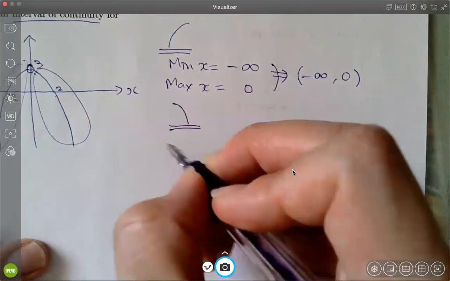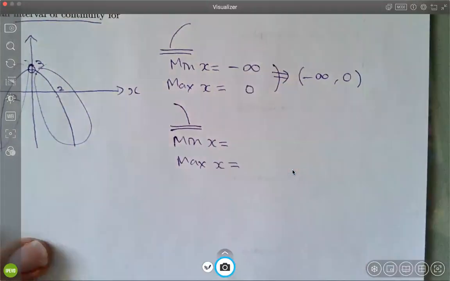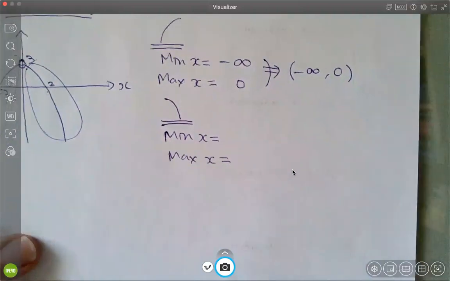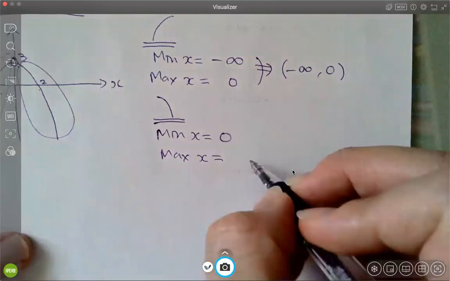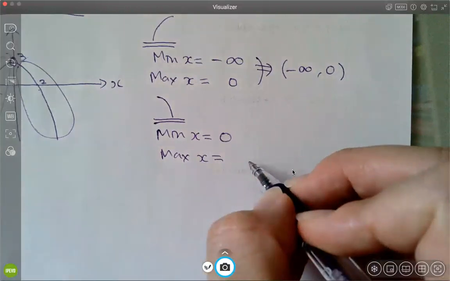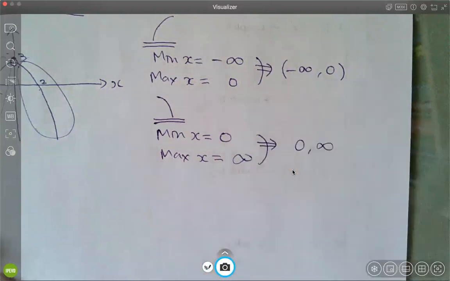What is the minimum x and maximum x for this right curve? 0 and infinity, right? And what are the symbols? The same, all parentheses.